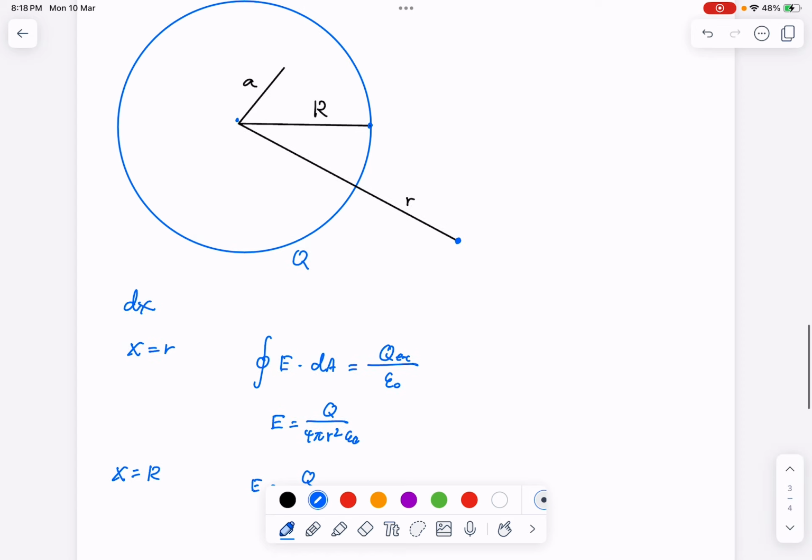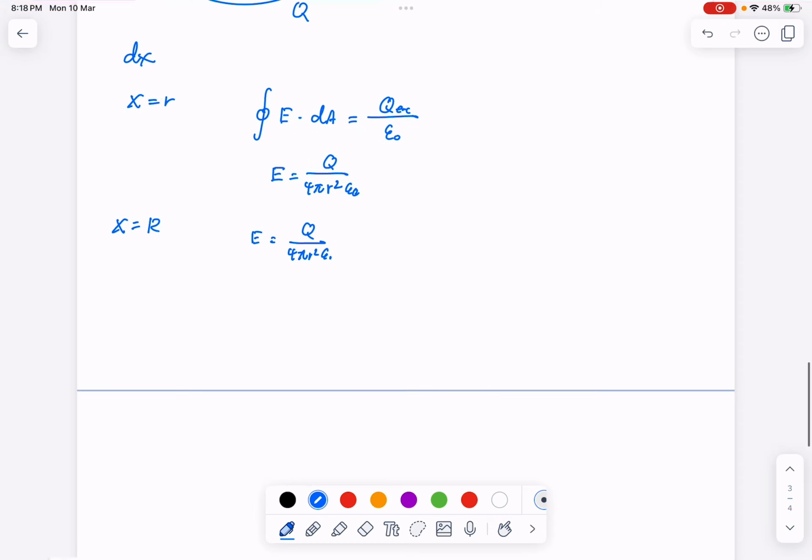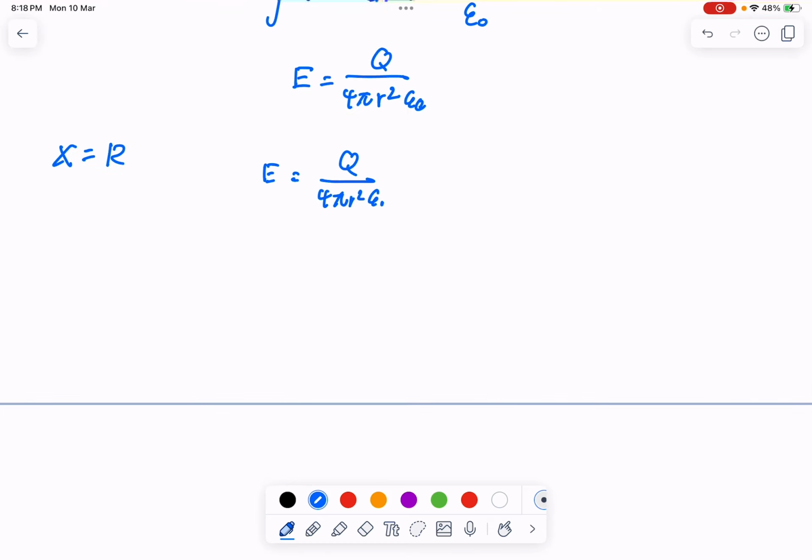But what about within this point A? Well, it's uniform, so we can find the density. Because I'm saying this is not a hollow sphere but a solid sphere, rho is defined as Q over V. And V here is given by the volume of a sphere, 4 over 3 pi r cubed.